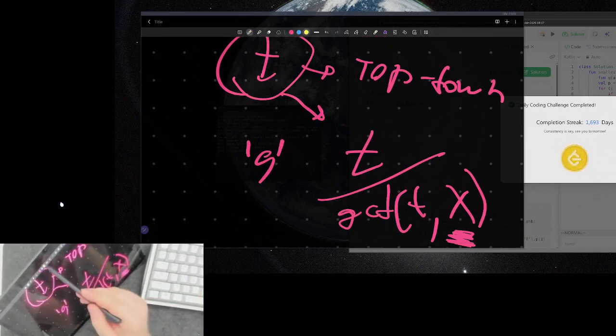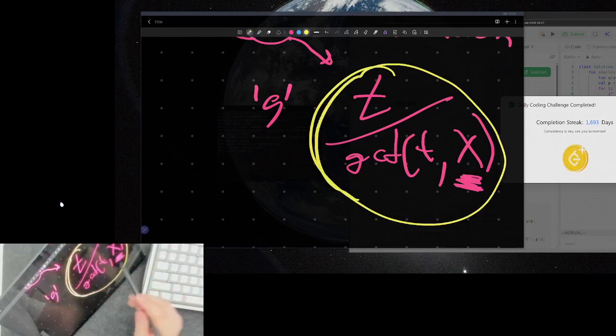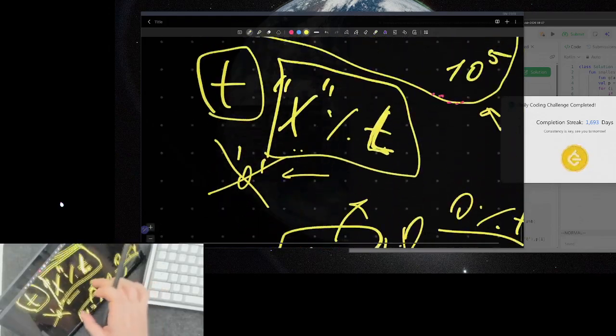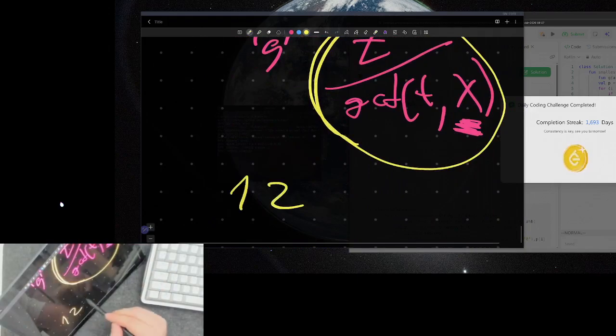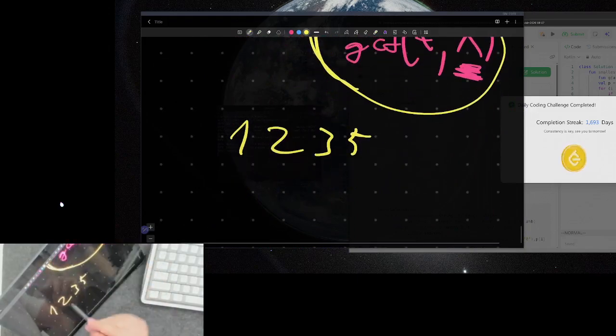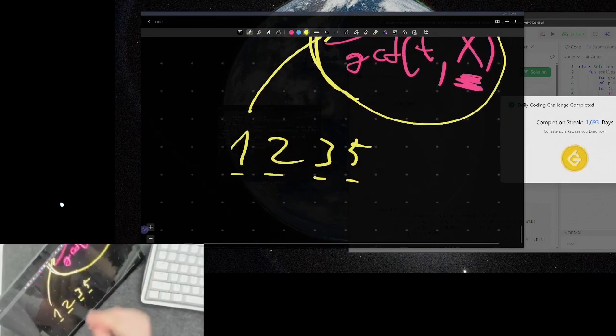This formula allows us to say that we have some prefix, and we can subtract from t the digits of this prefix.